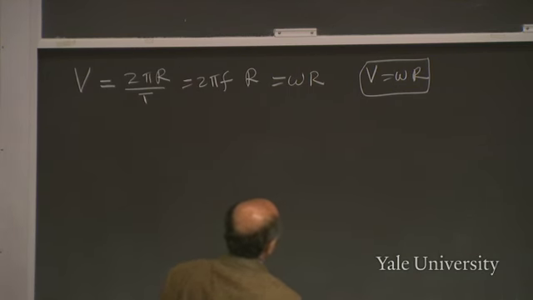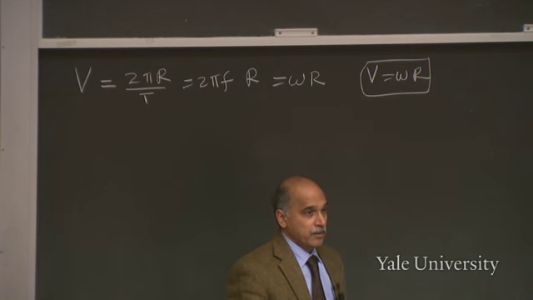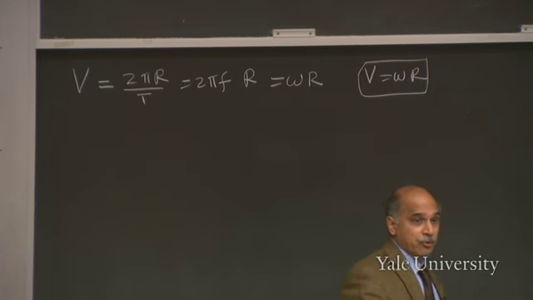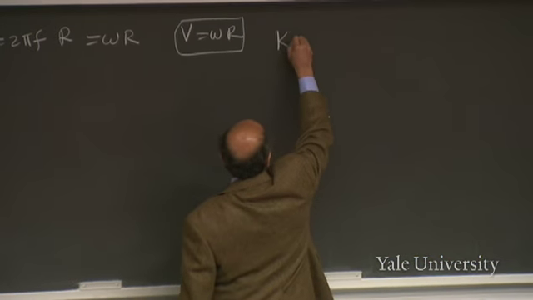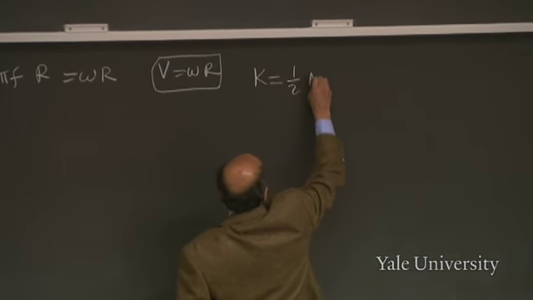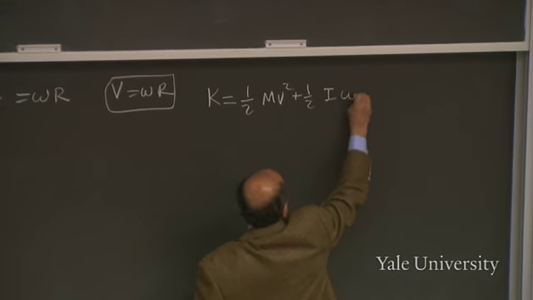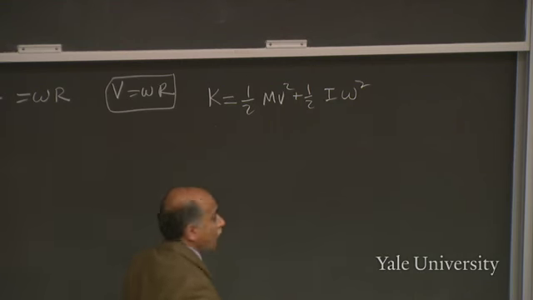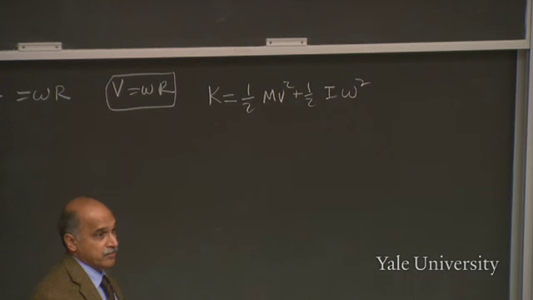Now, in that case, let's find the kinetic energy of an automobile tire that's rolling without slipping. So what do I want to get? The kinetic energy is 1/2 m v squared plus 1/2 I omega squared. That's always true. I is always I relative to center of mass.